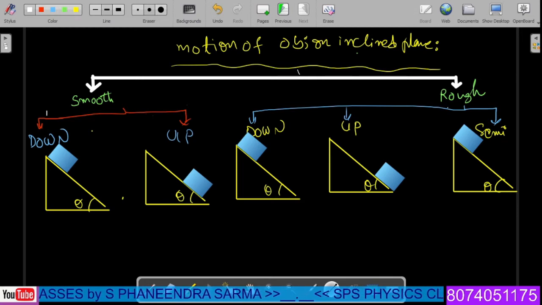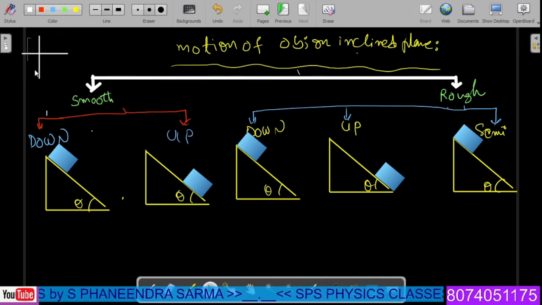Let us consider these are the coordinates, and we would like to fix this one for all the positions of objects like this.